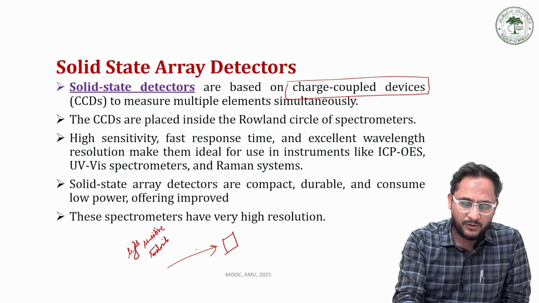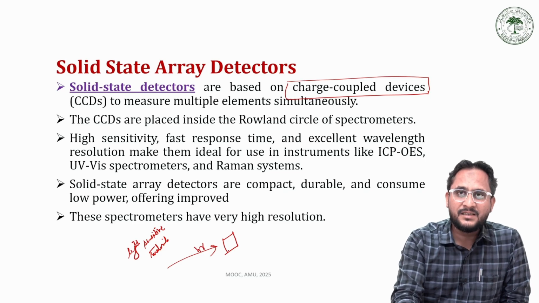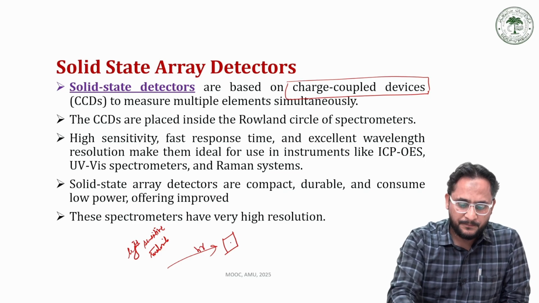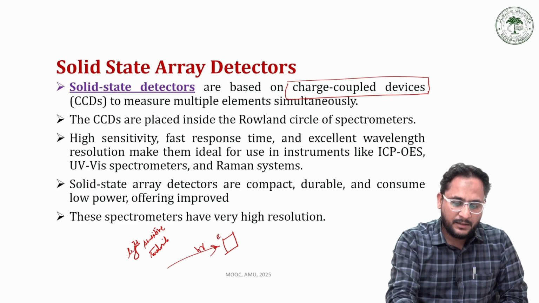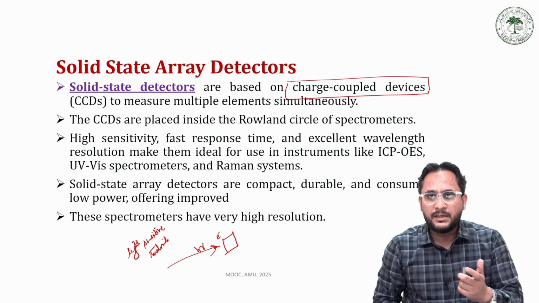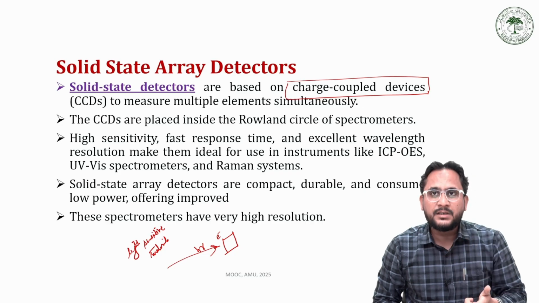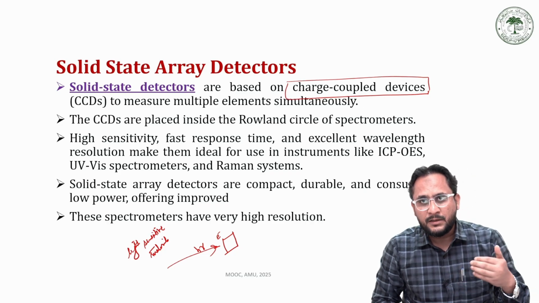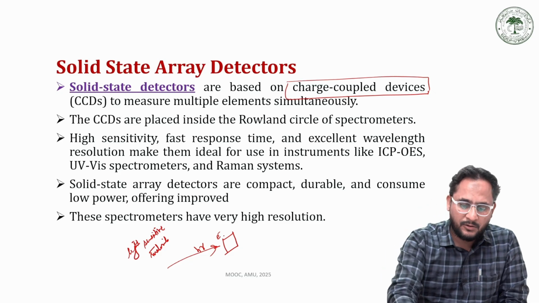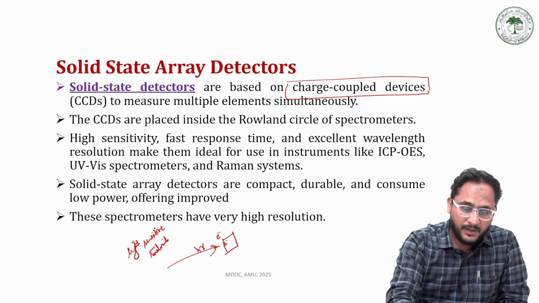When the light photons fall upon these light sensitive plates which are connected to capacitors, electrons are created, means electrons are ejected. As you all know, the photoelectric effect means when light photons fall on a metal surface, electrons are ejected. When electrons are ejected, they leave behind holes, so electron hole pairs are created.